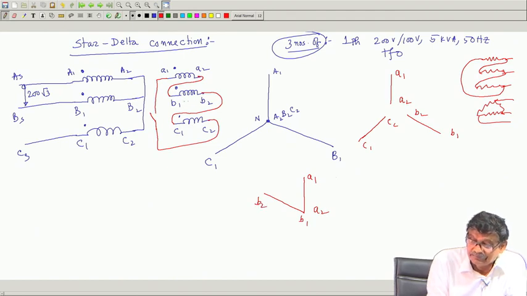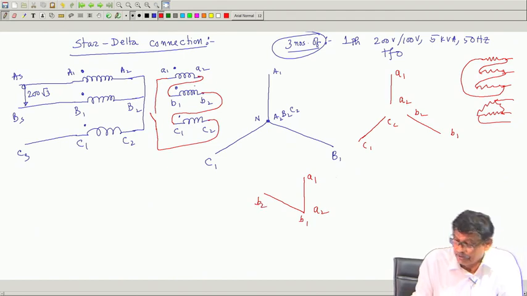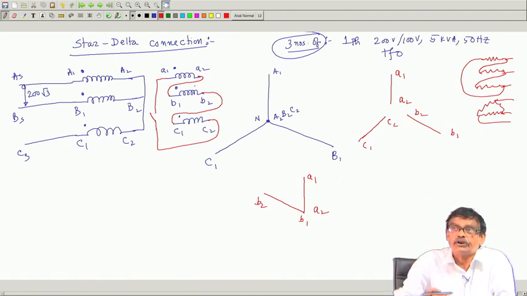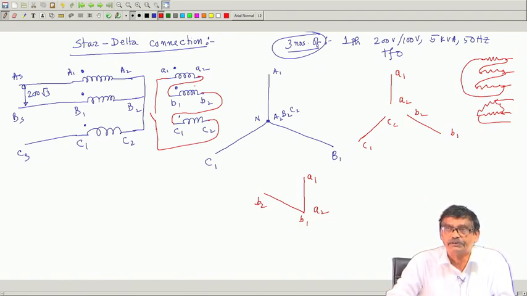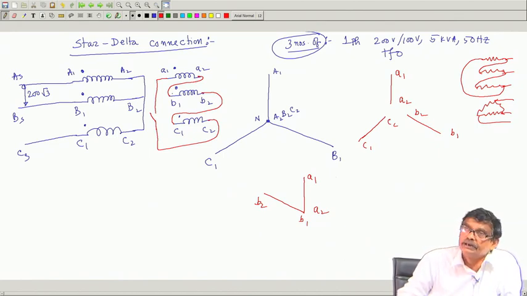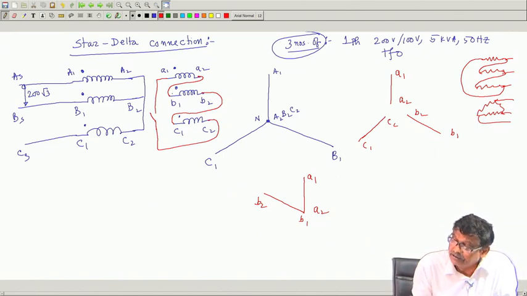Are you getting me? Because I have connected A2 and B1, they must be at the same potential. Earlier I was joining A2, B2, C2 or A1, B1, C1, but I have joined only this A2 and B1, I am certain they are at the same potential. So, move this phasor here.